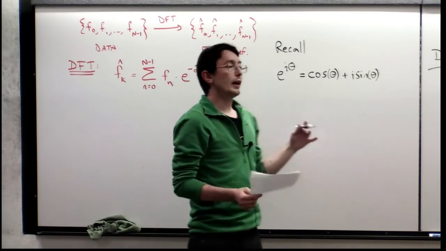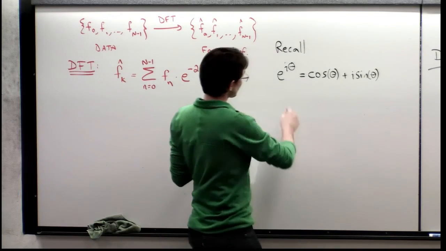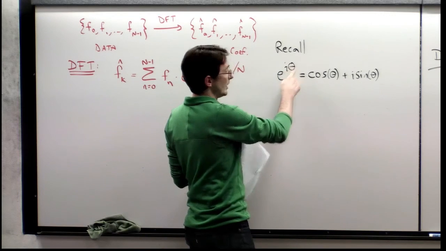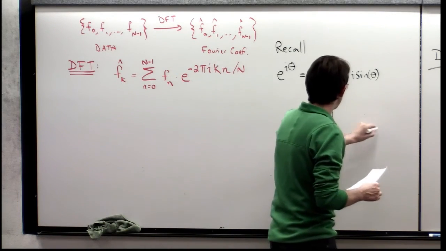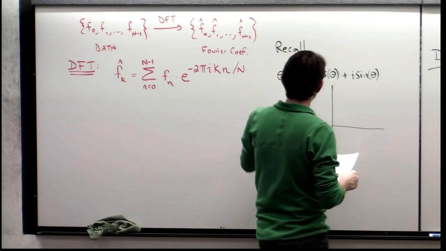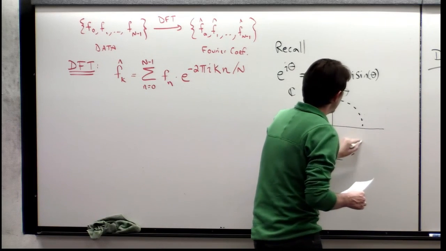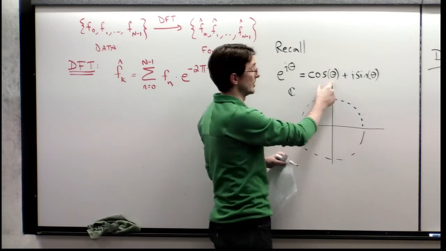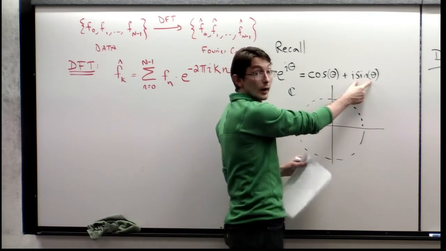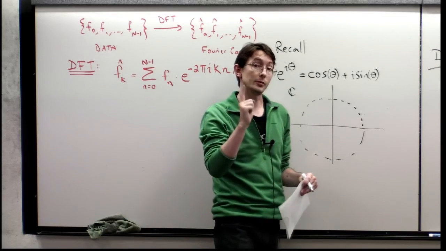And the way I think about these complex numbers is the following. e to the i theta is a coordinate in the complex plane on the complex unit circle. You can verify to yourself that if I take the magnitude of the real part squared plus the magnitude of the imaginary part squared, that's cos squared plus sine squared, which always equals 1.